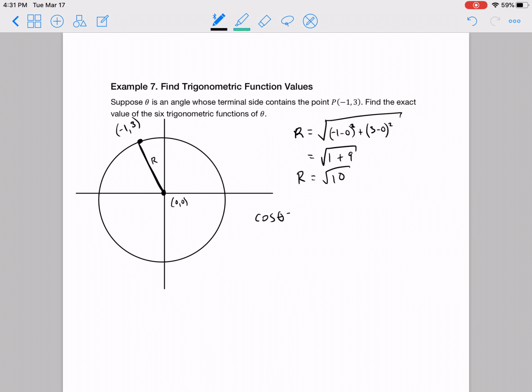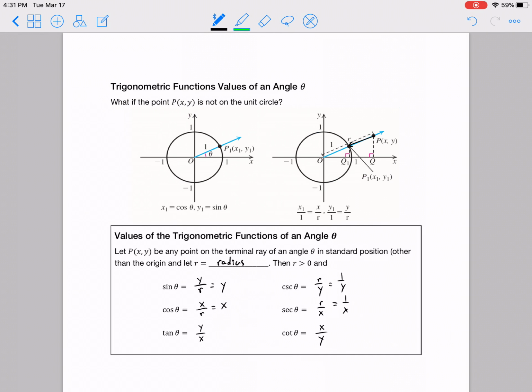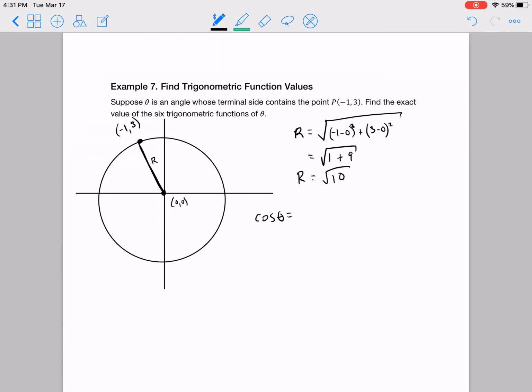So I'll look at cosine of theta, and from that previous page, remember, if r is not 1, then I can just use this right here, and it'll work back for me. So I can do the x value, which is -1, over that square root of 10. And if we don't want to leave that radical in the denominator, this will be negative square root of 10 over 10, just by multiplying the top and bottom by square root of 10.